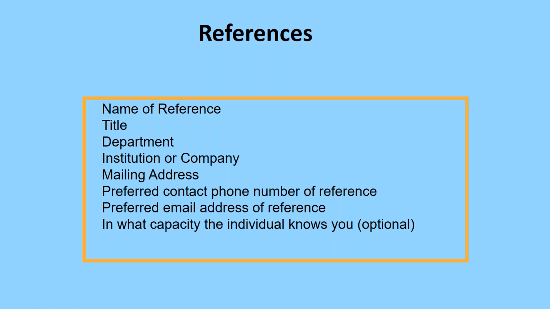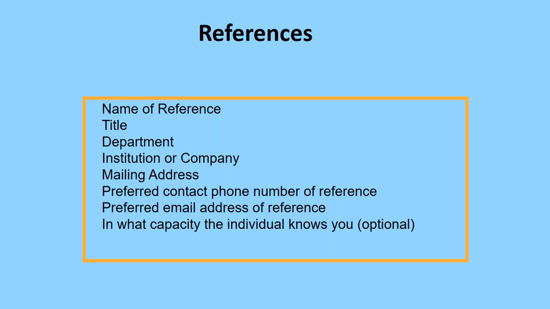And basically, you'll want to be prepared to list 3 to 5 references. And typically you put the name of the reference, their title, their department, or their organization or company, a mailing address, and then identify a preferred contact number, preferred email address, and it's also getting pretty common to identify how the individual knows you.